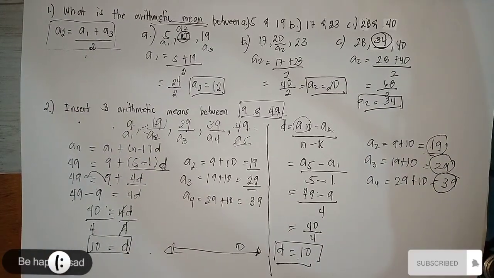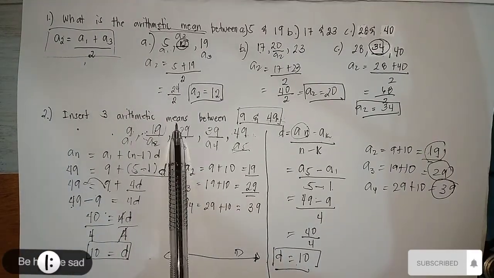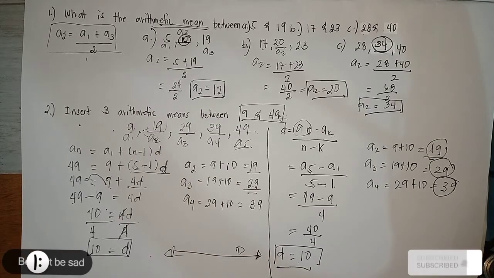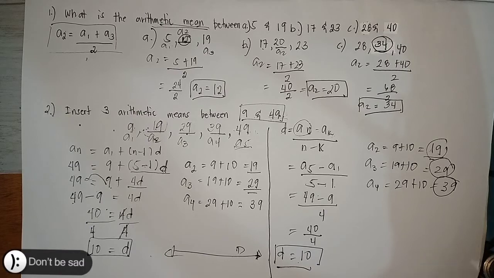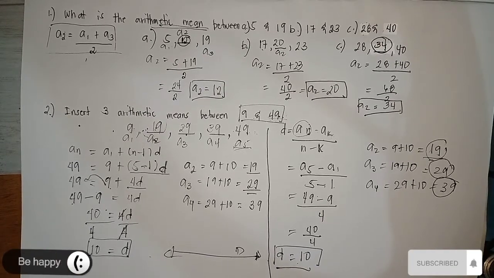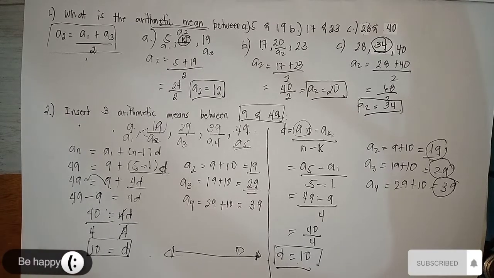Diba? Ganun lang kasimple mga bunso ang pagkuha ng arithmetic mean and arithmetic means. Okay, magkaiba sila and palagi lang kayong careful sa inyong mga sinasagutan at direction. You always follow the directions para malaman nyo kung ano yung gagamitin na formula, okay?